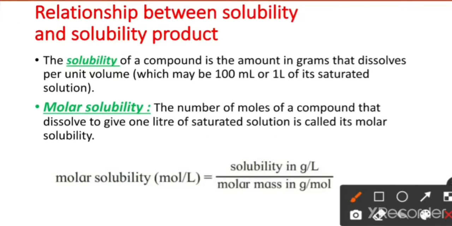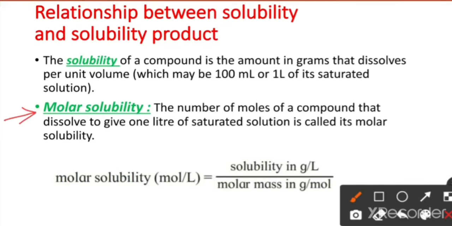Relation between solubility and solubility product. Solubility of a compound is the amount in grams that dissolves per unit volume, which may be 100 ml or 1 liter of its saturated solution.